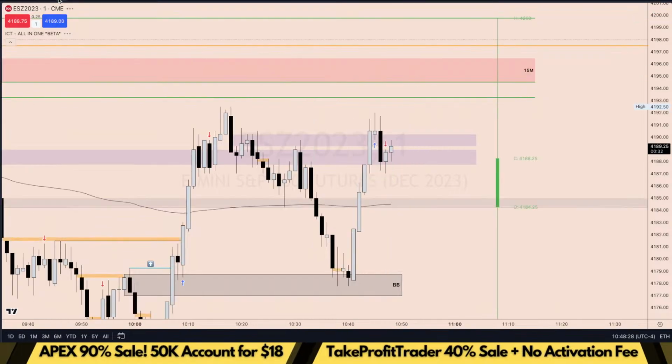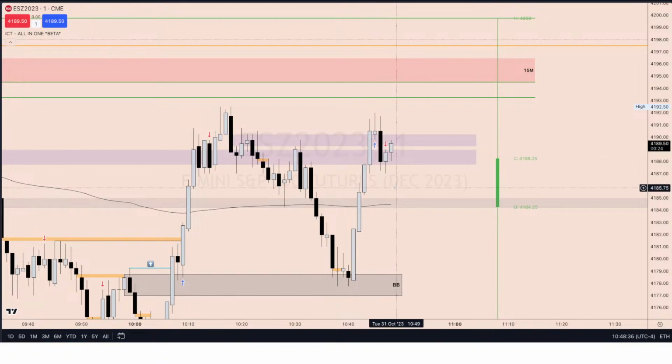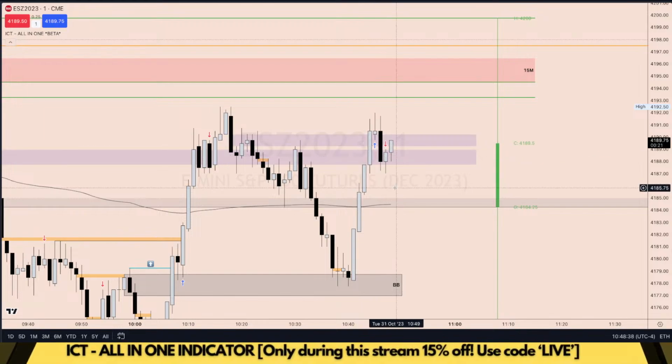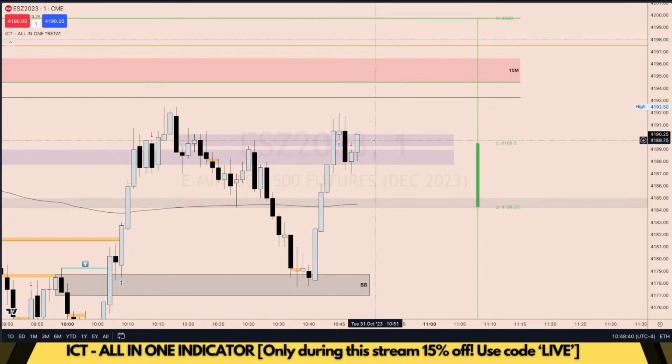Five-minute candle is gonna close in 1.5 minutes. So let's see what we do inside this bearish inefficiency that we left behind. I'd like to see the close above it.